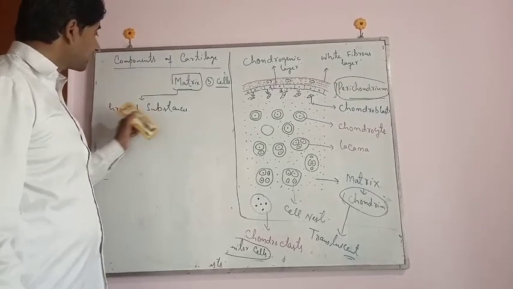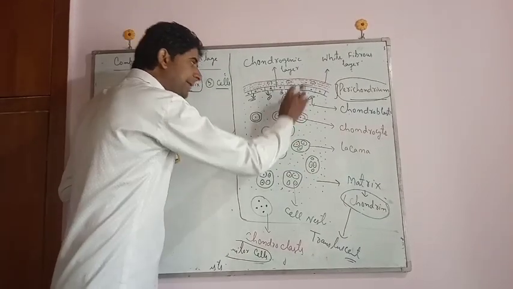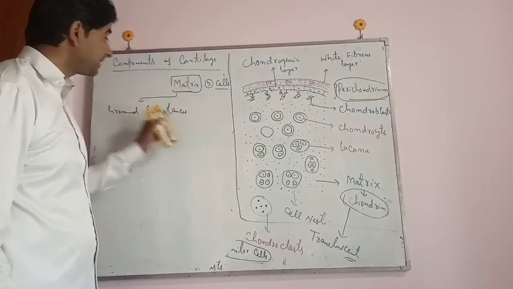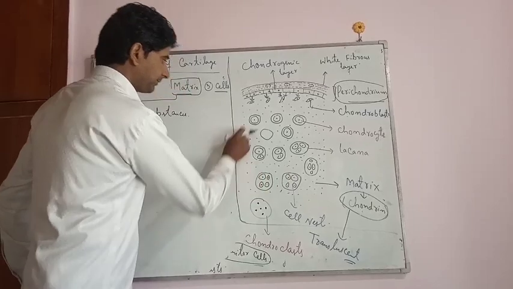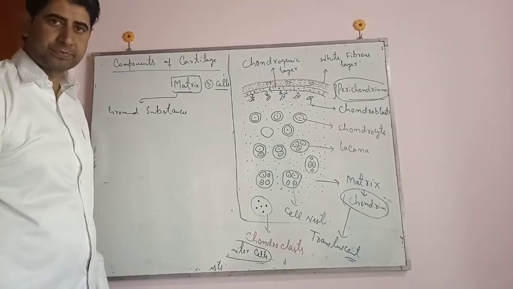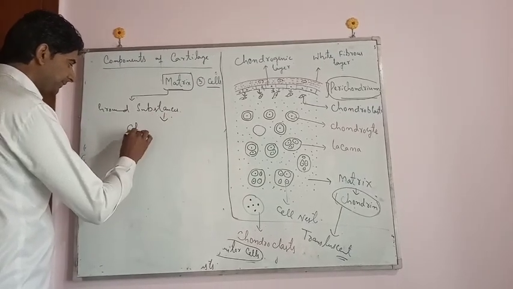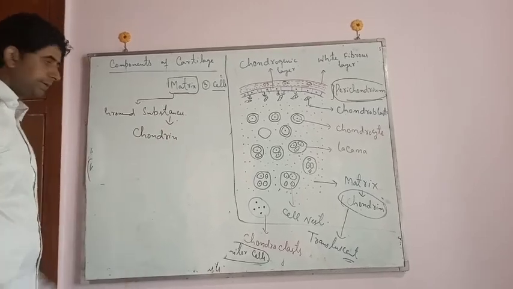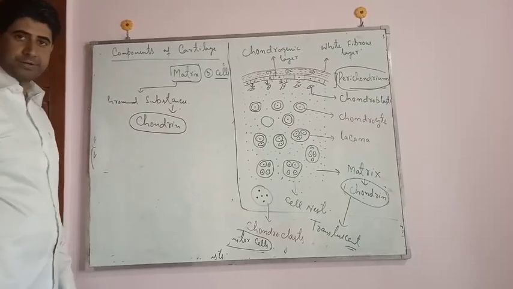So it acts as a ground substance for the cells, because the cells remain embedded within the matrix. That is why the matrix is termed ground substance. So this is the matrix, this portion. And this matrix is translucent in nature and is termed hyaline.